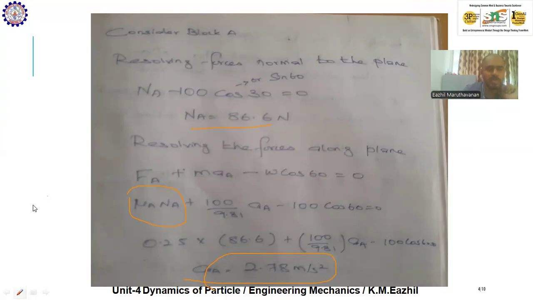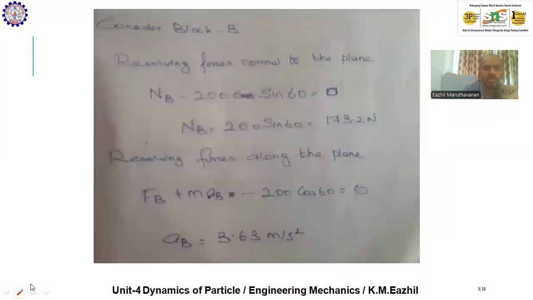Similarly, we have to solve for block B. While solving for block B, the normal reaction, that is normal to the plane, we resolve vertically. N_B minus 200 sin 60 is equal to 0. N_B is equal to 200 sin 60, that is 17.32 Newton.